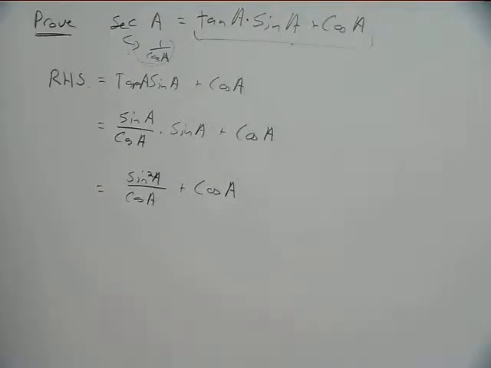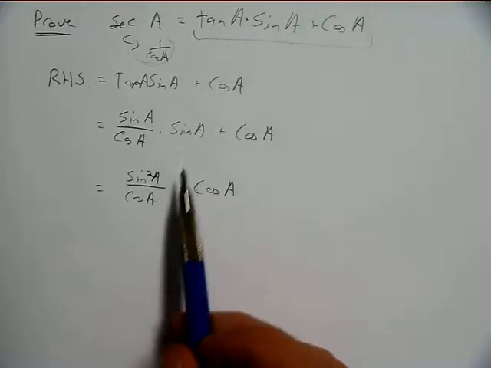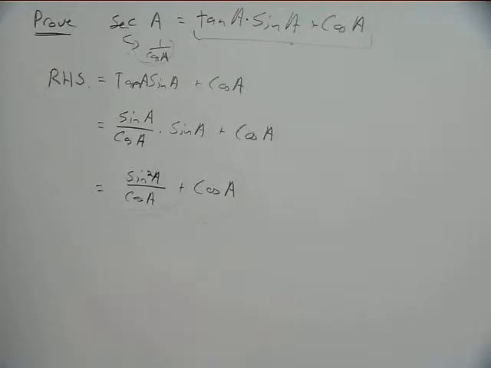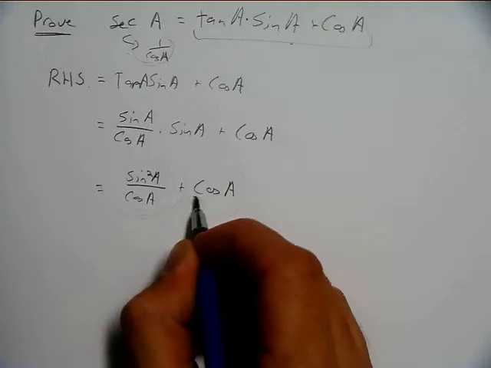So let's think about this in terms of, I see where we're going. Now, what do we have here? We've got a fraction, and we've got a cos A here. So maybe it might be helpful, I'm giving you a big hint here, to make this into a fraction.